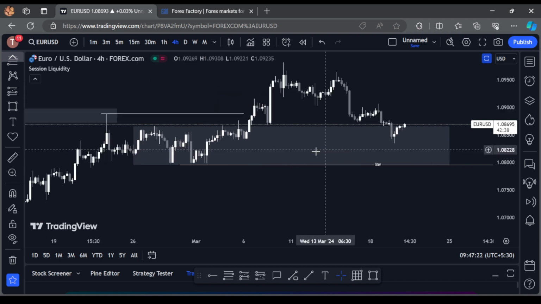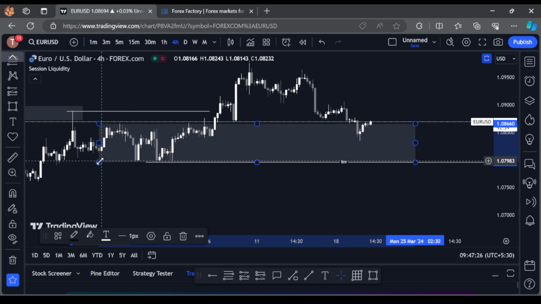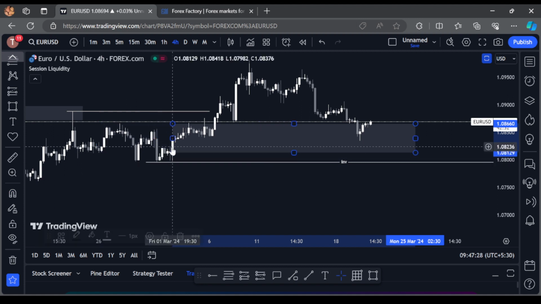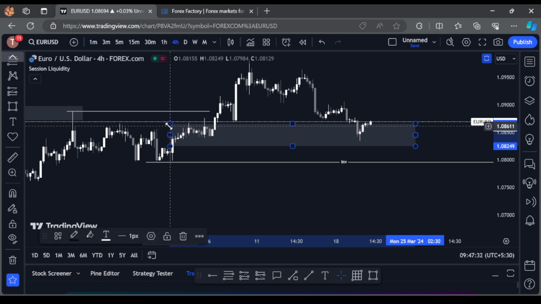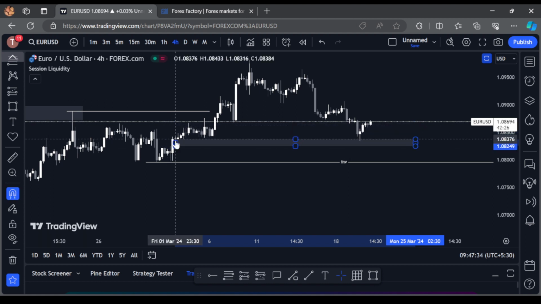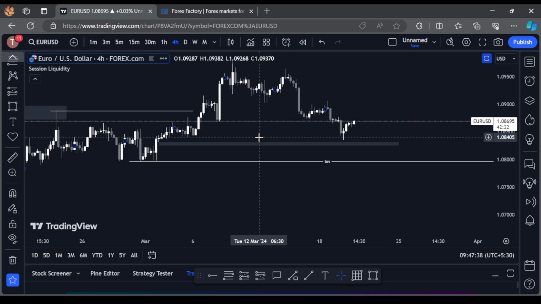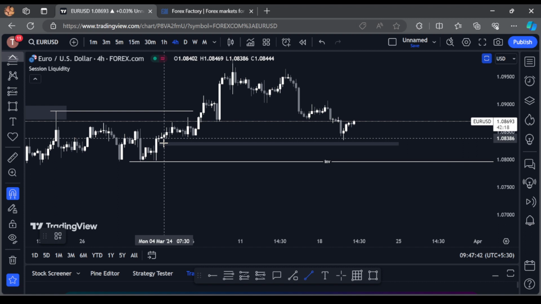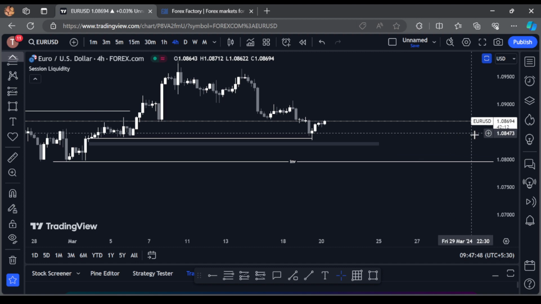This is the 4-hour chart, and I'll be shifting it right here. The first reaction point, and we are having equal lows at this zone. The price swept these equal lows and currently it's moving into the upside direction.